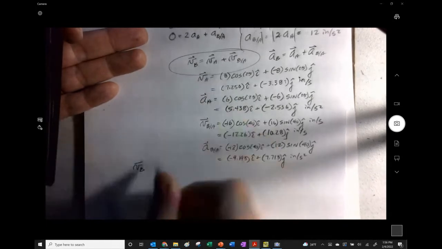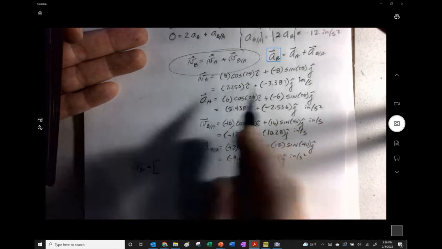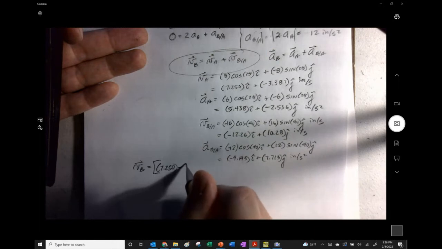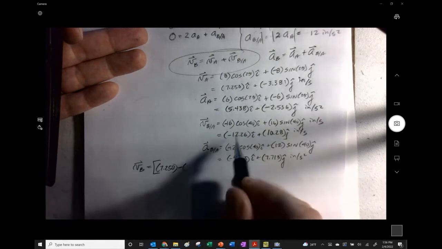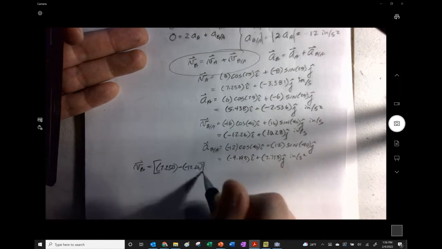So anyway, I'm going to write out this guy right here. And so I'm going to take A first. So I got my 7.250 minus this, minus 12.26, right?